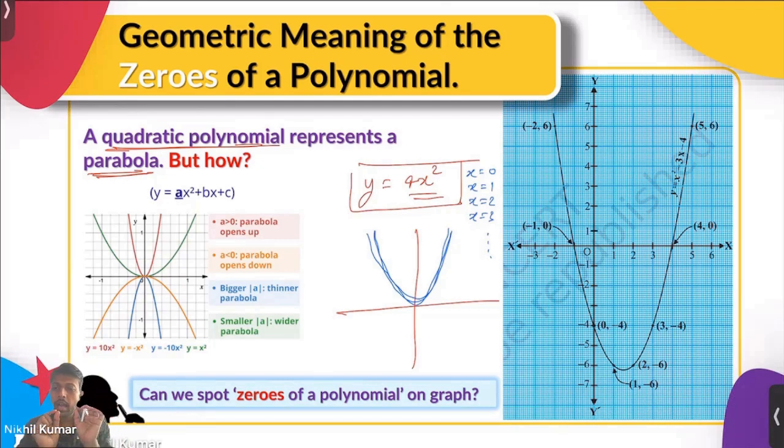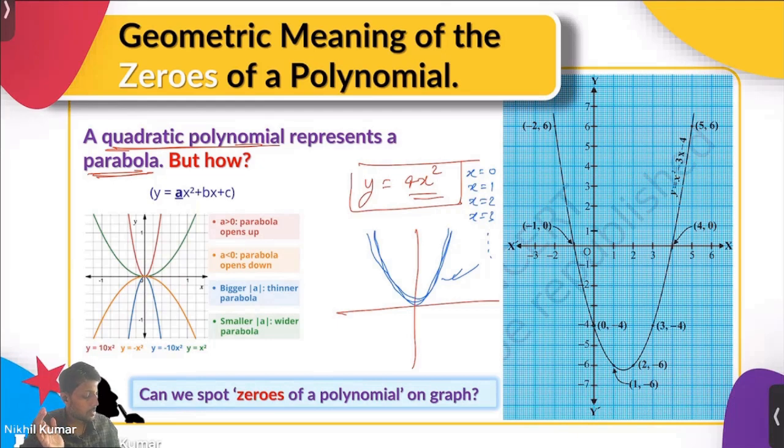So once you have the xy pairs, you can plot those points on the graph paper, join all those points. Once you do that, you will get a parabola. There is no other way. Whichever quadratic polynomial you pick, you always will get a parabola.